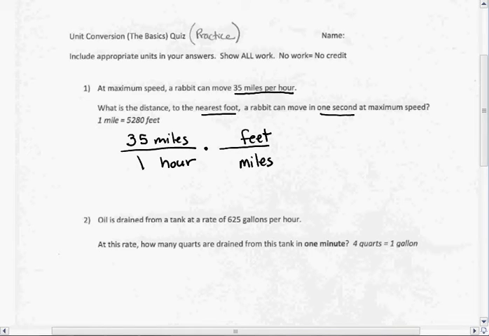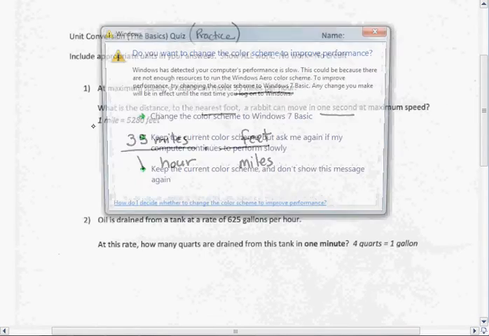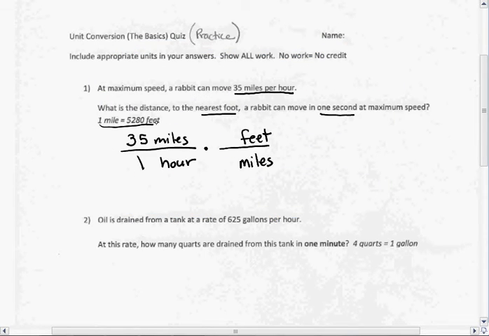I need a conversion factor, however. I need to know how many feet there are in a mile, and the problem gives that to me right here. So there are 5,280 feet in 1 mile. So that's going to take care of the miles.